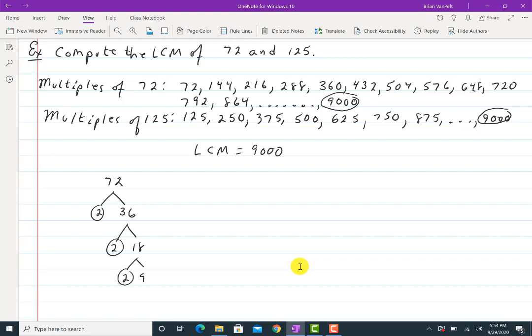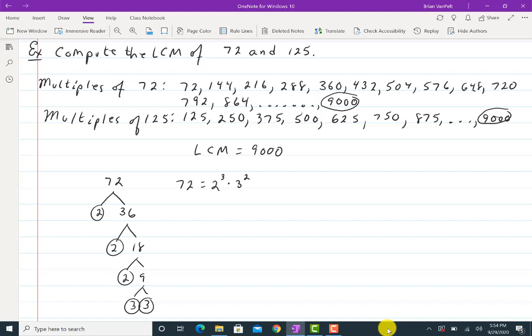And then 9 is 3 times 3. So if you recall, that means that 72 equals, when I look at my 2s, I have 1, 2, 3, so I have three 2s. So I have 2 to the third power times 3 to the second power.